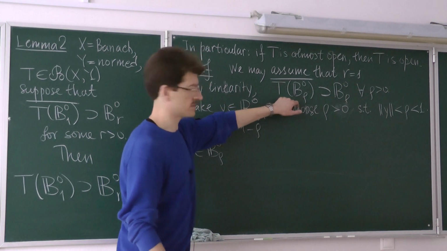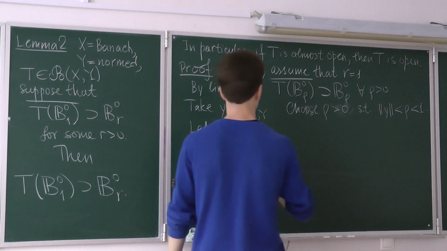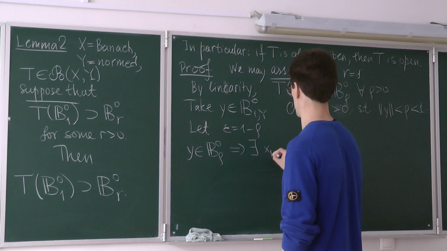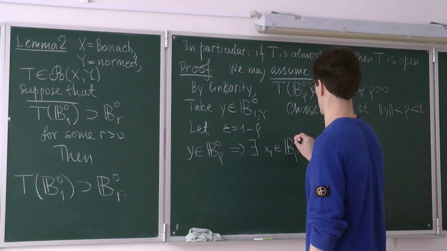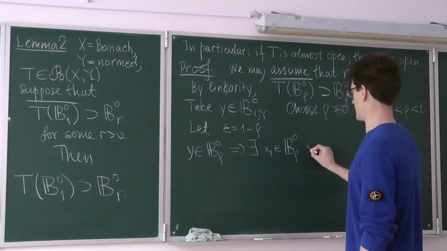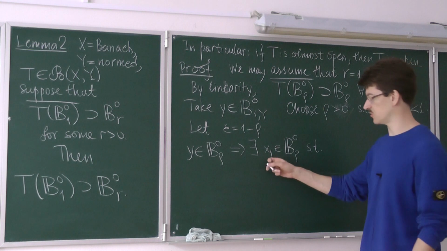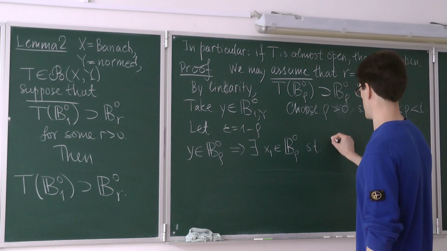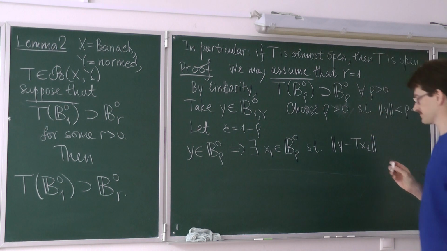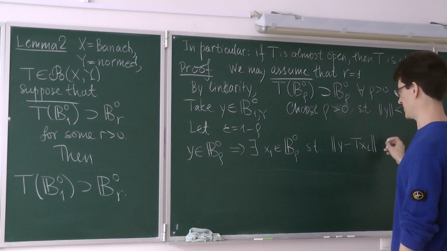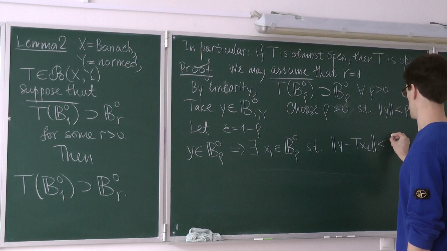So by using this inclusion, we see that there exists an element x1 in the open ball of radius rho such that y is approximated by the image of x1, such that the norm of y minus Tx1 is very small. Well, it will be convenient to choose x1 such that this number is less than epsilon over 2.